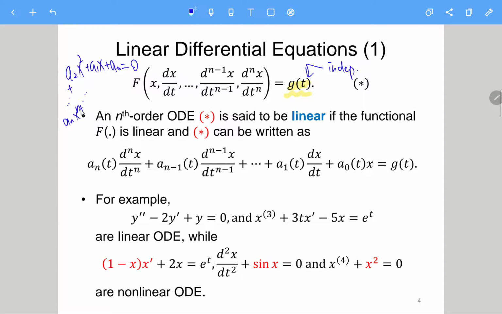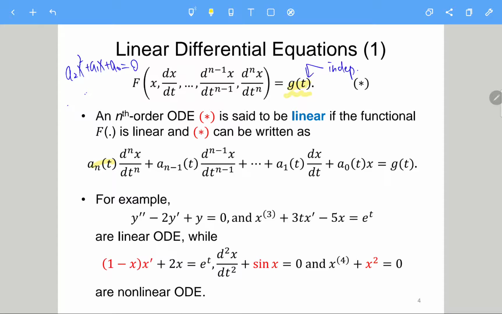Of course, if n is high enough, there isn't necessarily a closed form solution. When n is more than 4, there will be no general solution. And here, if it is a linear ODE, then the coefficients can only be functions of the independent variable, which means this is an of t, an-1 of t, a1 of t, a0 of t.